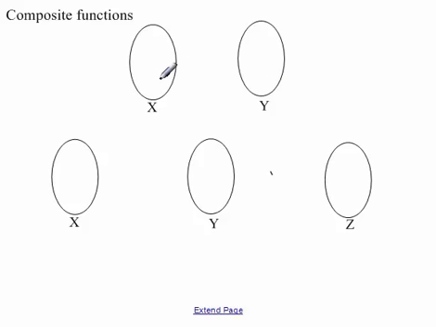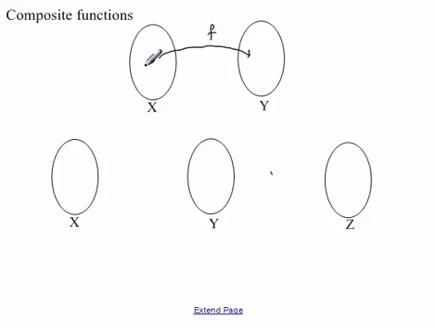I'm saying, first of all, when we talk about a function, we agreed that a function acts between two sets. In other words, if I say there's a function from X to Y, I would denote that function with an f.